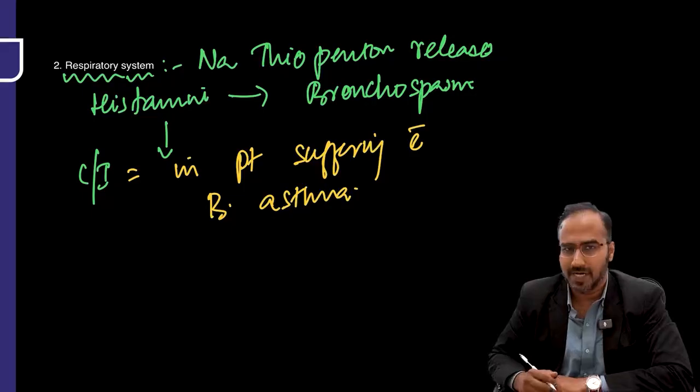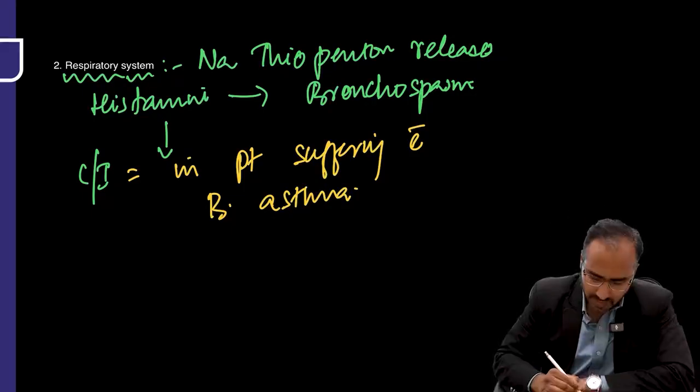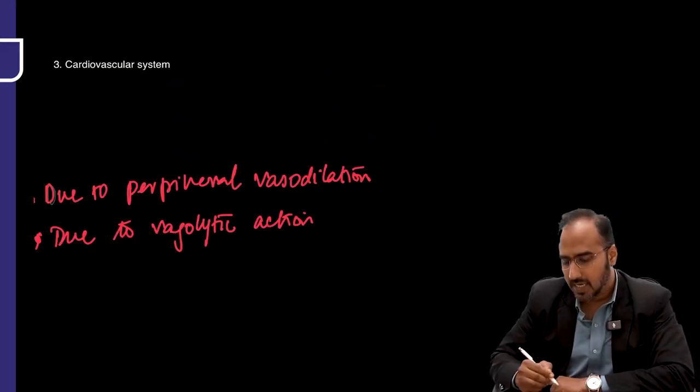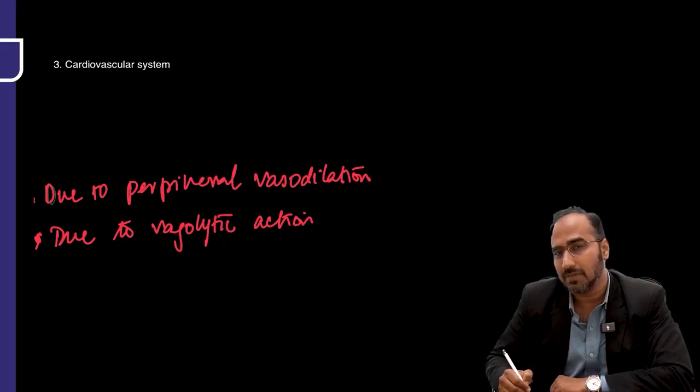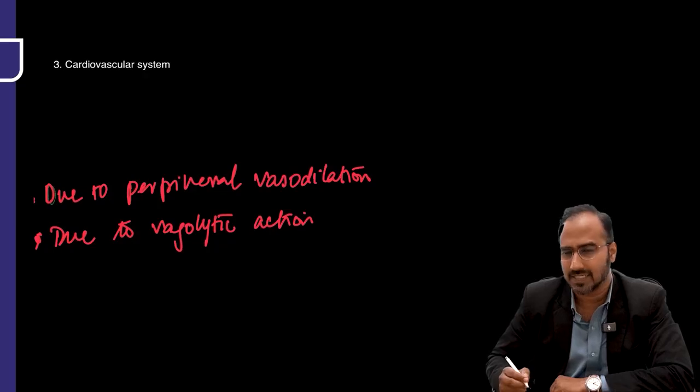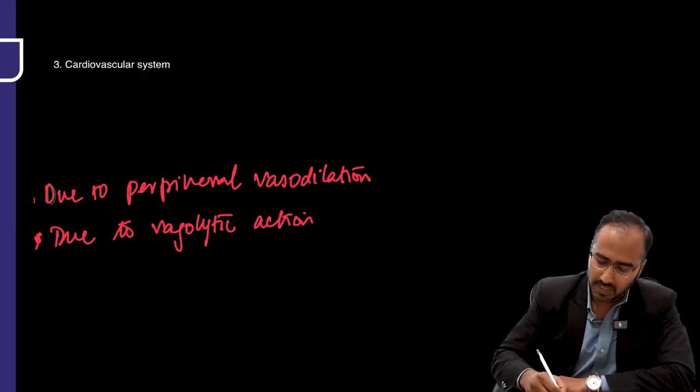That's regarding the respiratory. Next is what, guys? Cardiovascular. Cardiovascular, enemy or friend? It's an enemy. So it will be contraindicated for cardiovascular diseases. But why? That we need to remember.